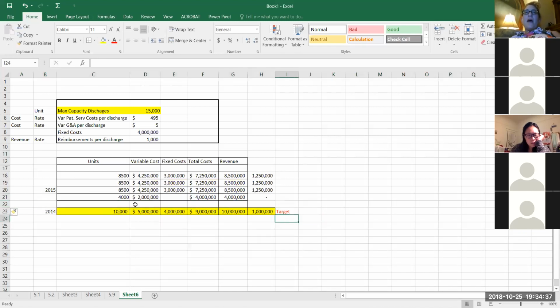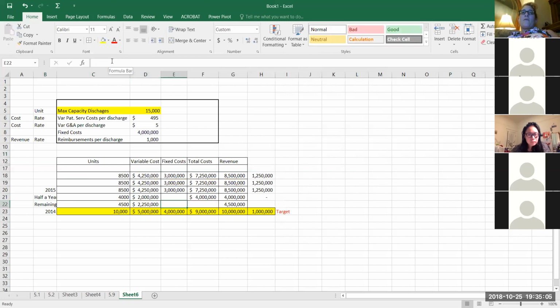Okay, so we have half a year here, and we know it cost us $2 million because for that half year we got charged the variable cost, and we know that we made the revenue on $4 million. So that's all clear. Now we're saying that we've got 4,500 more units that are remaining. Okay, these are the remaining.